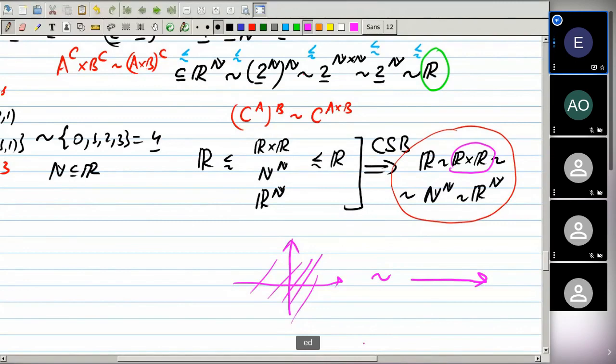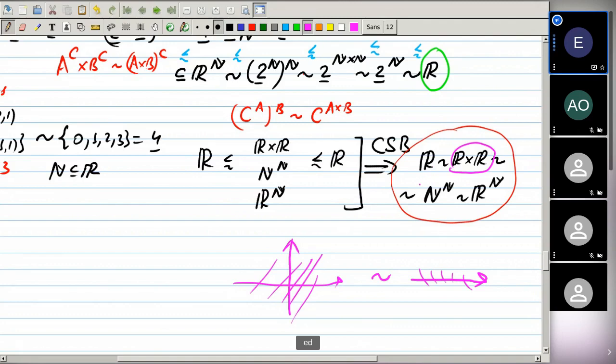Oh no. There are many distinct infinities. There is no such object as infinity. We have as many points on the plane as we have on the line. R times R, the plane, the set of all plane points is equivalent to just R. Isn't it interesting?